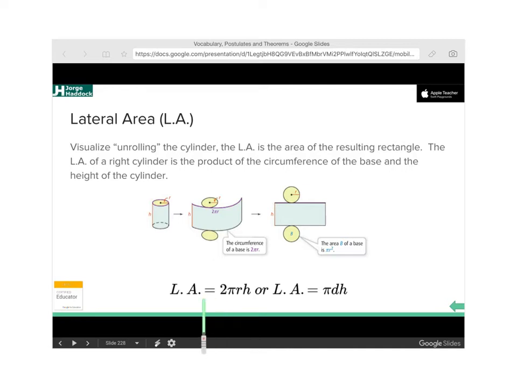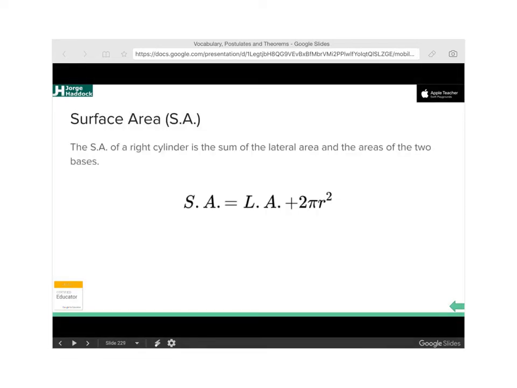So we have it right here: 2 pi r h, or pi times the diameter times h. And the surface area is the lateral area plus 2 times the area of the base.